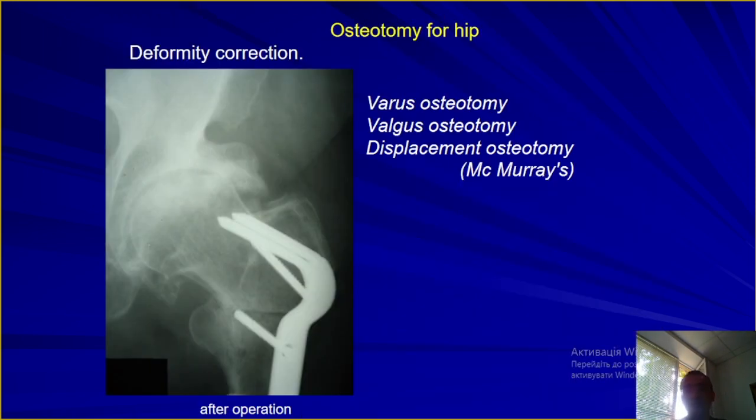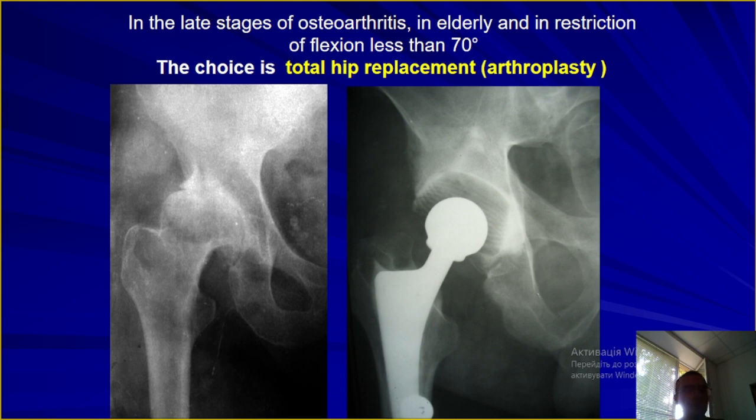But in severe cases, when the joint is completely damaged, when we have the third or fourth degree of osteoarthrosis, the only method of treatment we can propose to a patient is total arthroplasty, or artificial joint. It is one of the most popular surgeries in recent years.